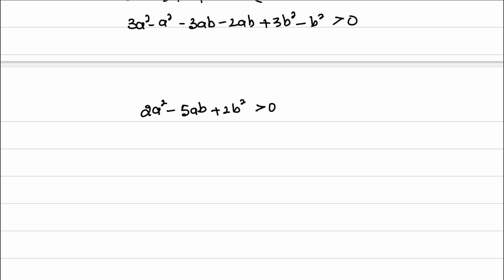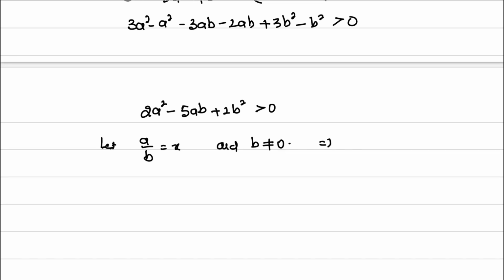If I say, for example, let a by b is equal to some x, and b is not equal to 0. Then only a by b is defined.